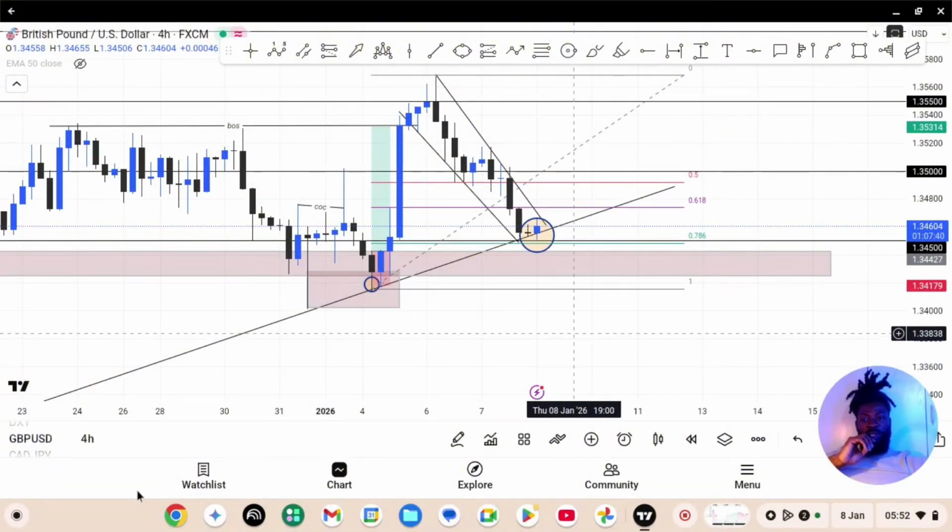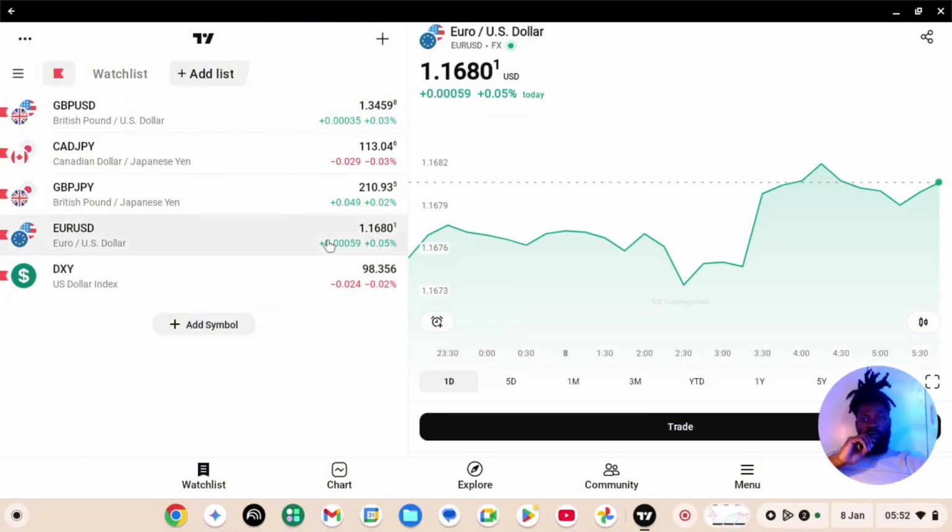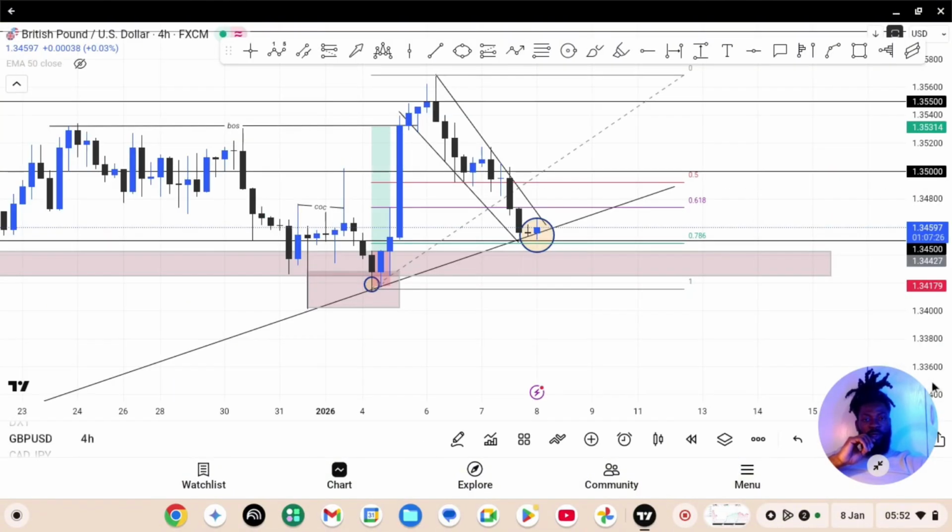So these are the currency pairs that I'm watching out for. Let's check on Euro USD and see what it's doing as well.